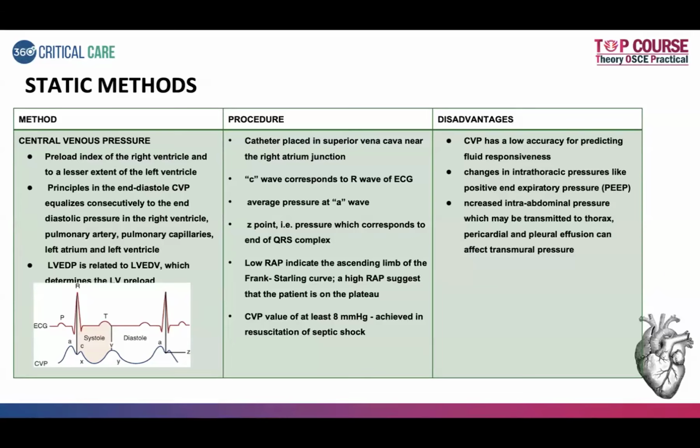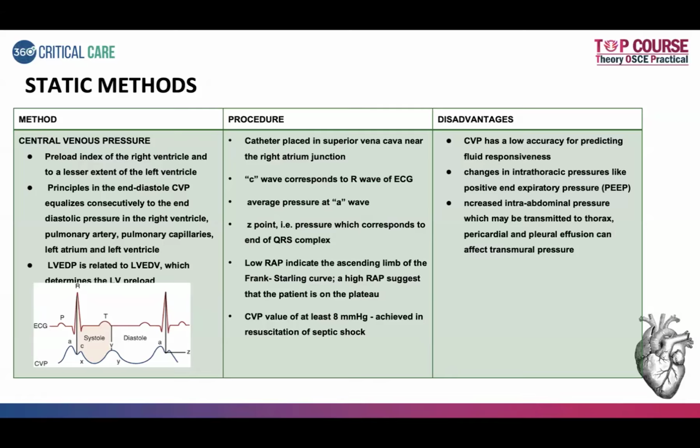Usually a catheter is placed in the superior vena cava near the right atrium junction. The CVP has three waveforms, as you all know: A, C, V waves with two descents. The common point where we measure the central venous pressure is the R wave of the ECG, that is the C wave. If that is not possible, then you can measure the pressure at the A wave.